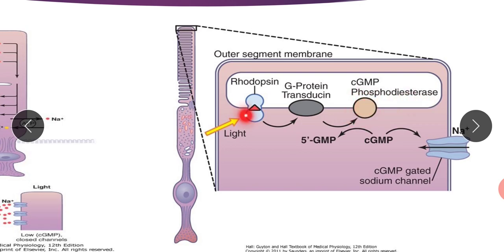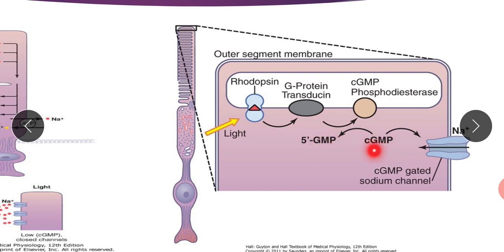So rhodopsin activates the G protein transducin, and transducin activates cyclic GMP phosphodiesterase. This cyclic GMP phosphodiesterase converts the cyclic GMP into 5'-GMP. In this way the cyclic GMP concentration decreases.